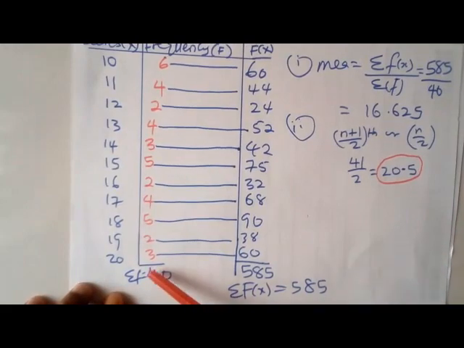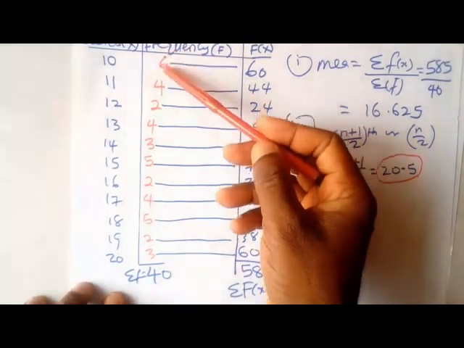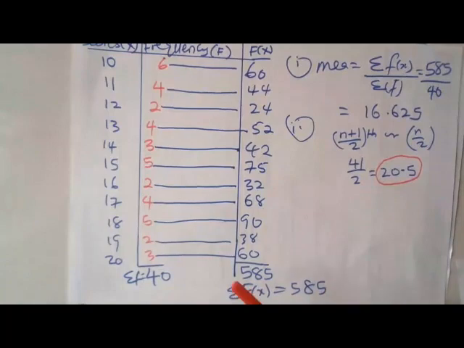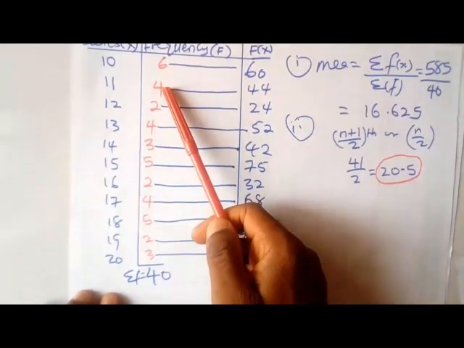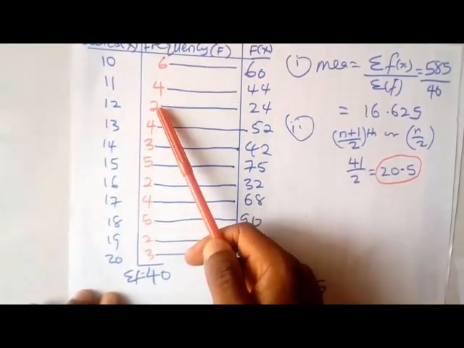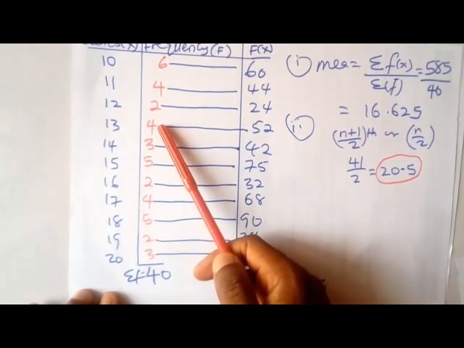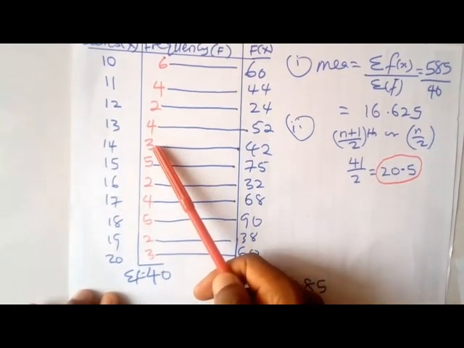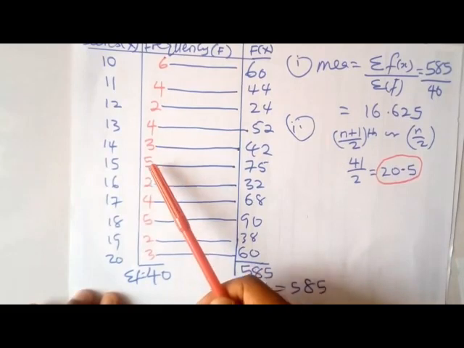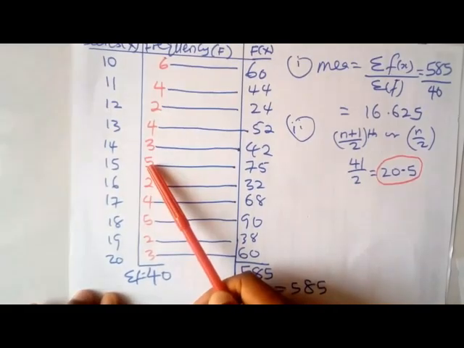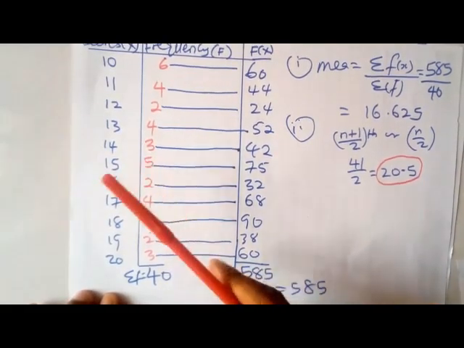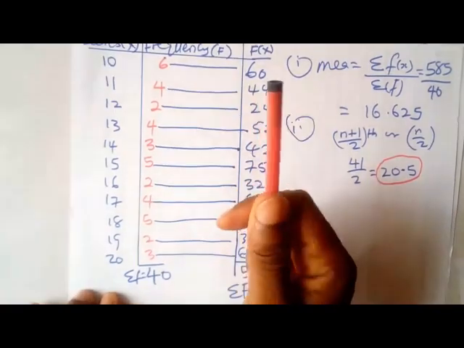You can start adding from below or anyhow. Let us start to add. 6 plus 4 is 10. 10 plus 2 is 12, right? 12 plus 4 is 16, right? 16 plus 3 is 19, right? 19 plus 5 is 24. You can see this is where it lies.